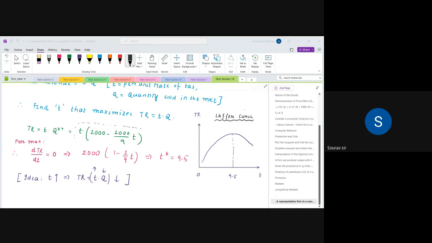And the simple idea is that the curve will not be an increasing one. It will be a concave one. Okay. You will have a finite rate of tax that maximizes your tax revenue.